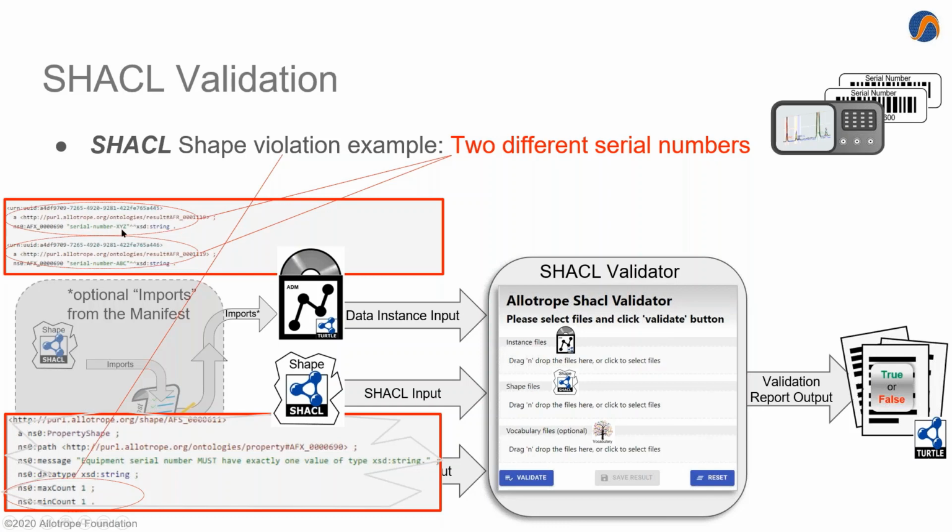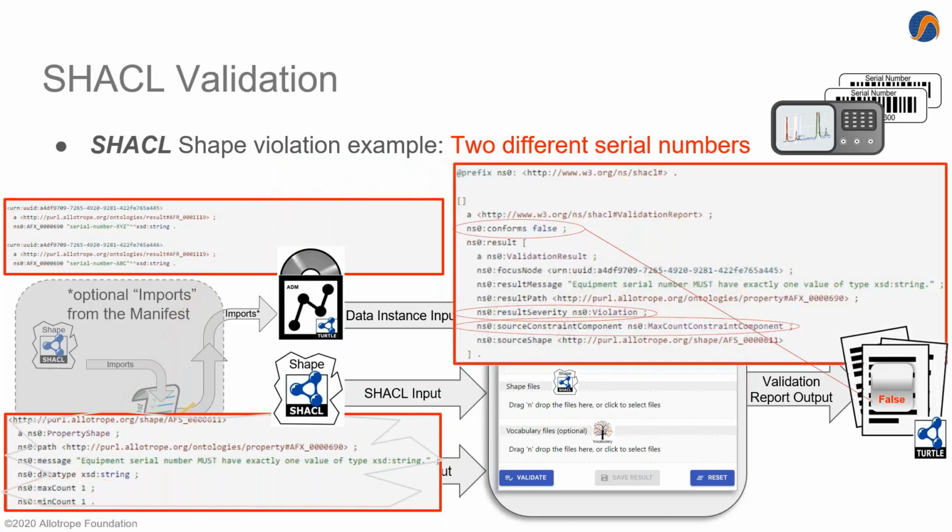One serial number is XYZ, and the other serial number is ABC. We will pass it through the validator, and we'll get a false result. Conforms is false, and the result severity is violation. Why? Max count constraint component, which means we violated the maximum number of serial numbers.